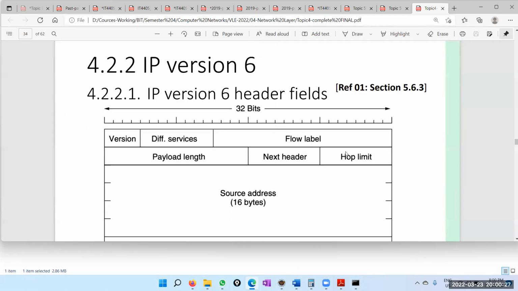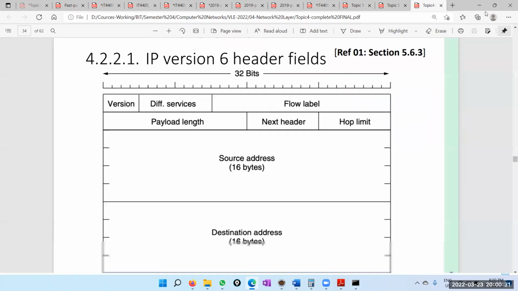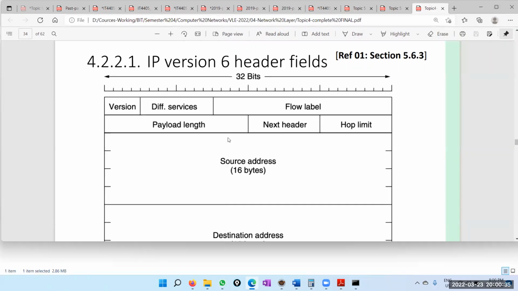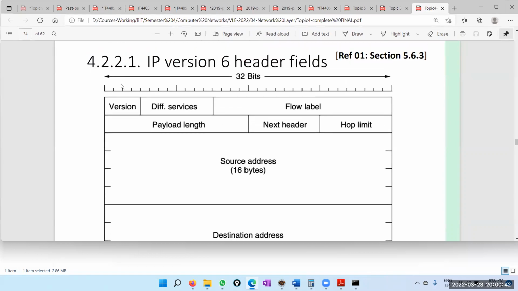Right. IP version 6 header fields. Now I told you that you have to remember these things, unfortunately. Okay. I know that it's a hard thing. Even I can't remember all these fields as a human. Right. The version is there. Flow label, payload length is there.